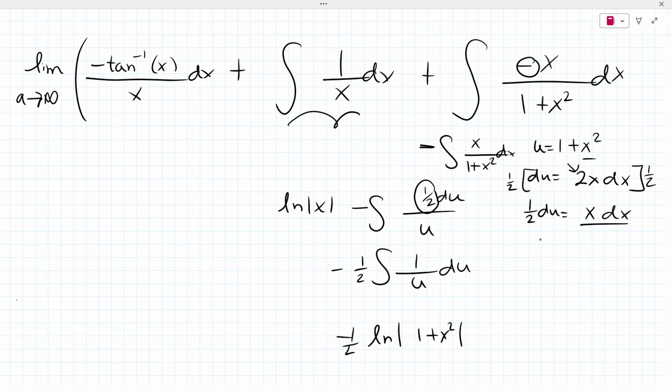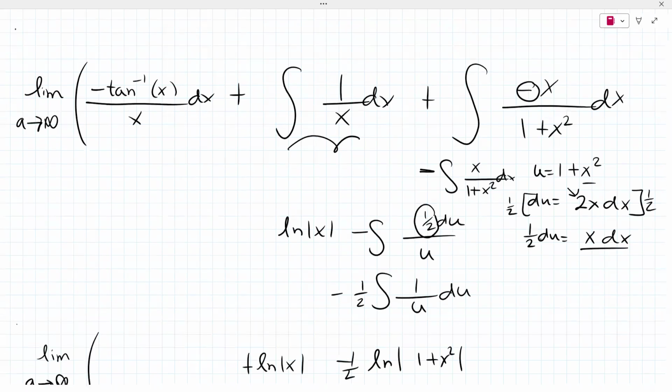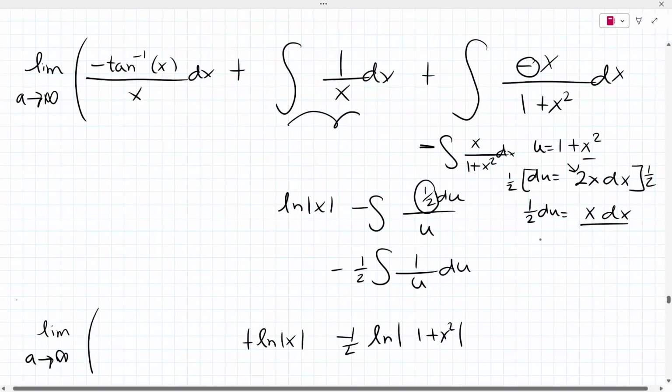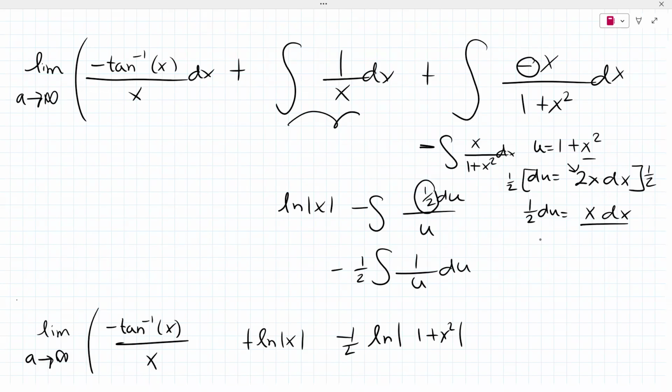And then we bring down this ln of absolute value of x. And then it's going to be the limit as a approaches infinity. And then this stays the same, negative tan inverse of x for x. And then we're going to go from 1 to 9.